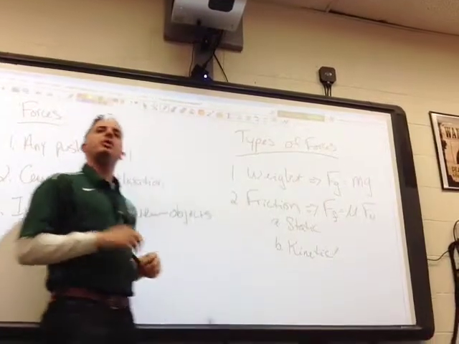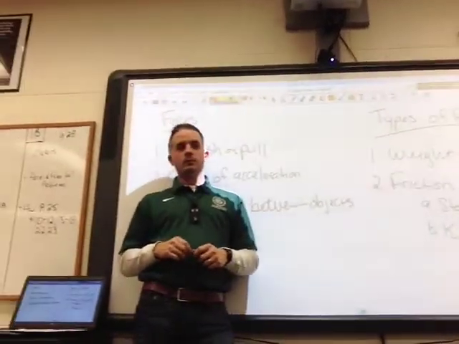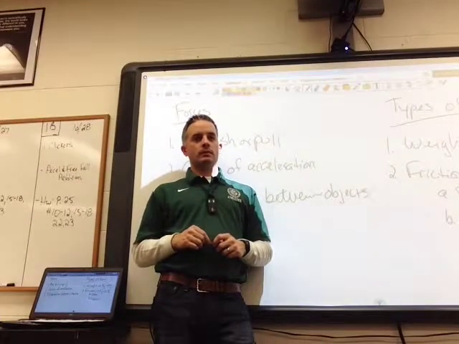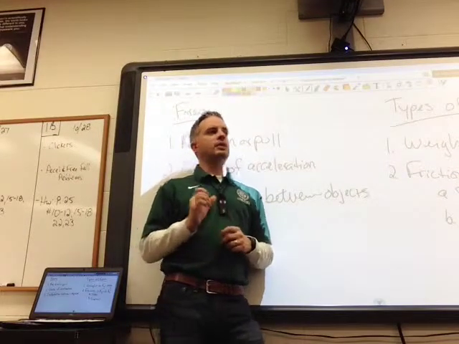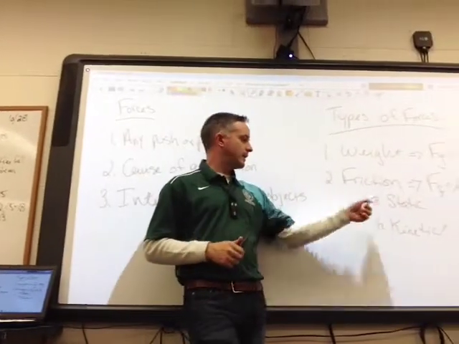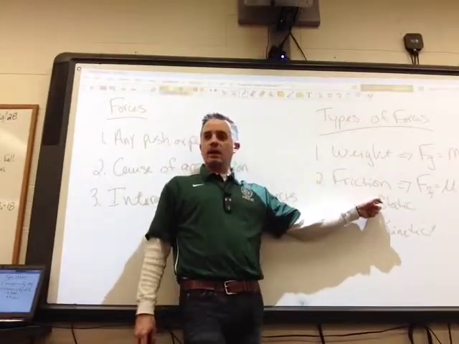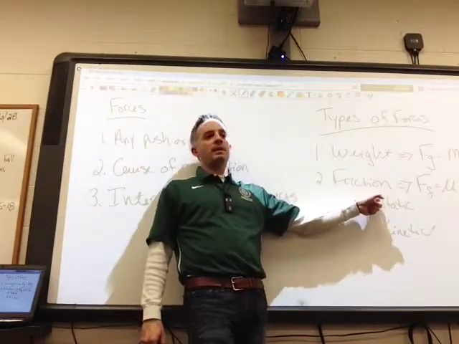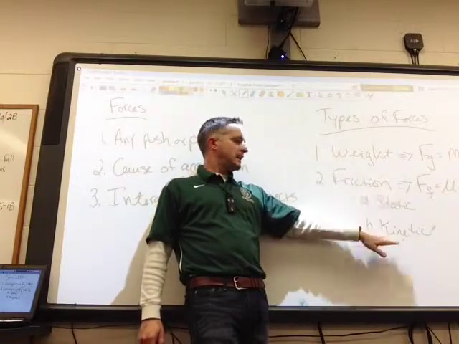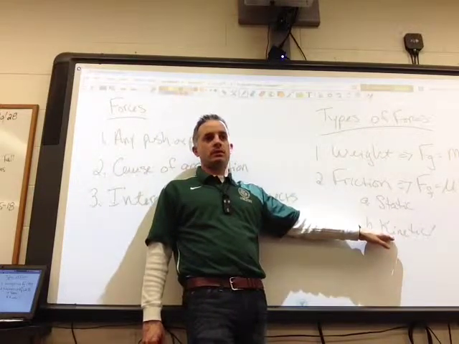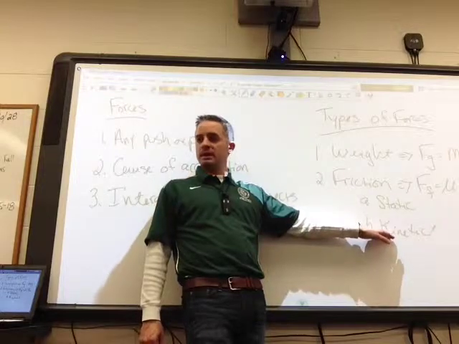Kinetic friction occurs when you are moving. As soon as you start to move, so you're not moving, static is there. As soon as you overcome this static friction, kinetic friction then takes over. Okay, does that make sense?